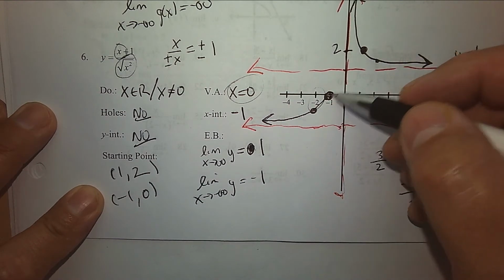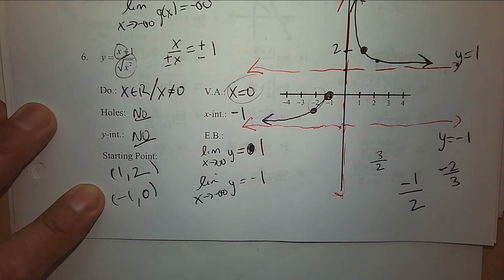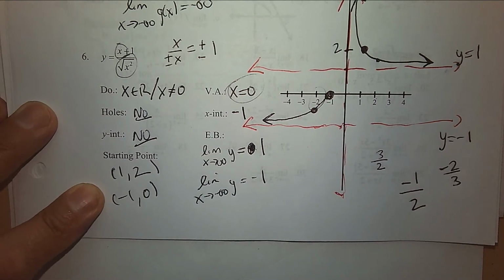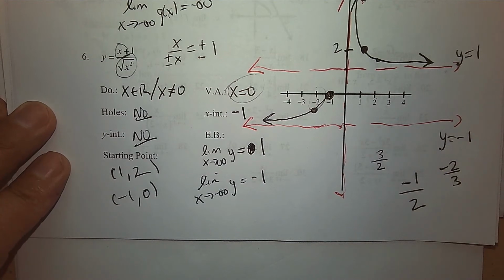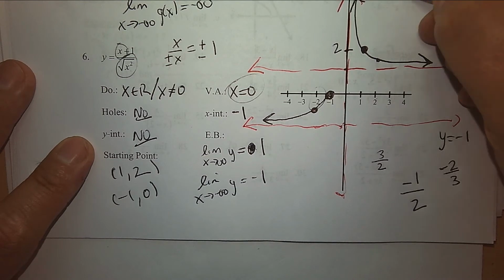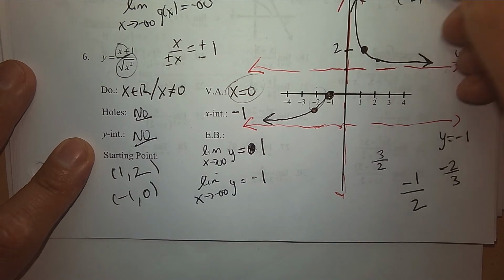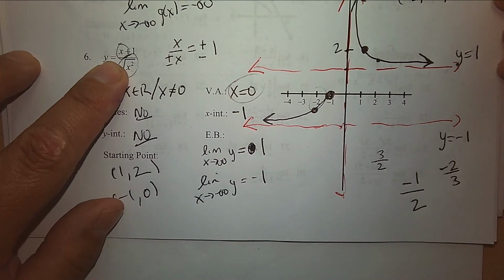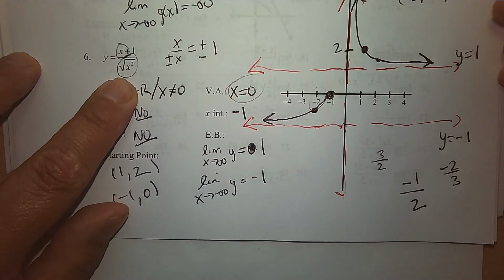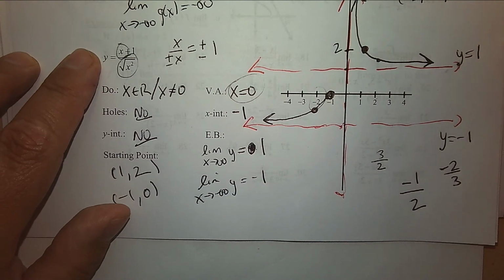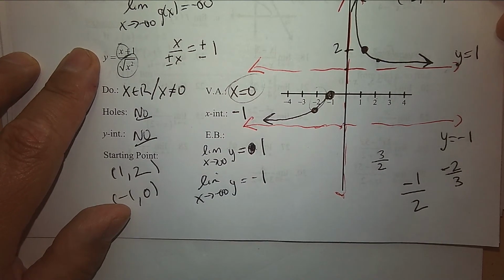Between negative 1 and 0? What happens if I plug in negative 1/2? What's negative 1/2 plus 1? Negative 1/2 plus 1 is positive 1/2. If you square it and square root it, it's positive. And what's 1/2 divided by 1/2?